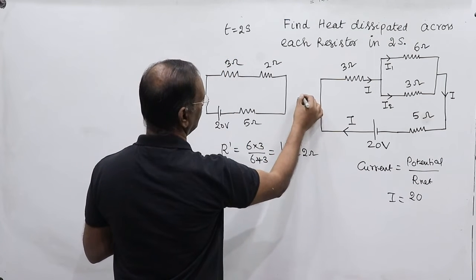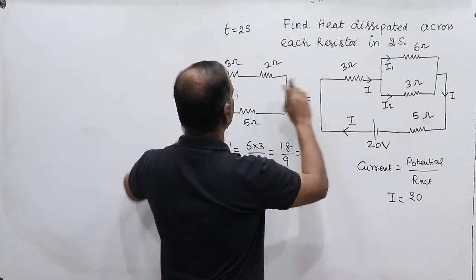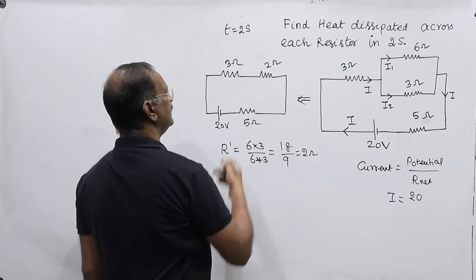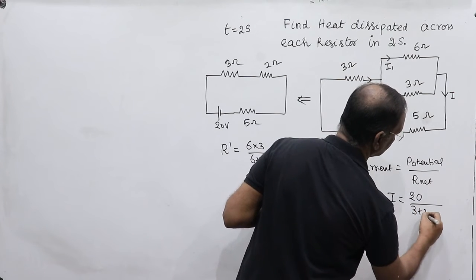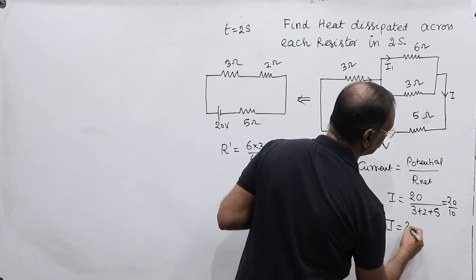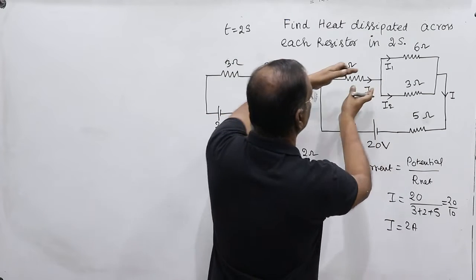Now we have converted this. So net resistance, all are in series, so we will add it, that is 3 plus 2 plus 5 is equal to 10. So I is equal to 20 by 10, that is 2 ampere of current is flowing.